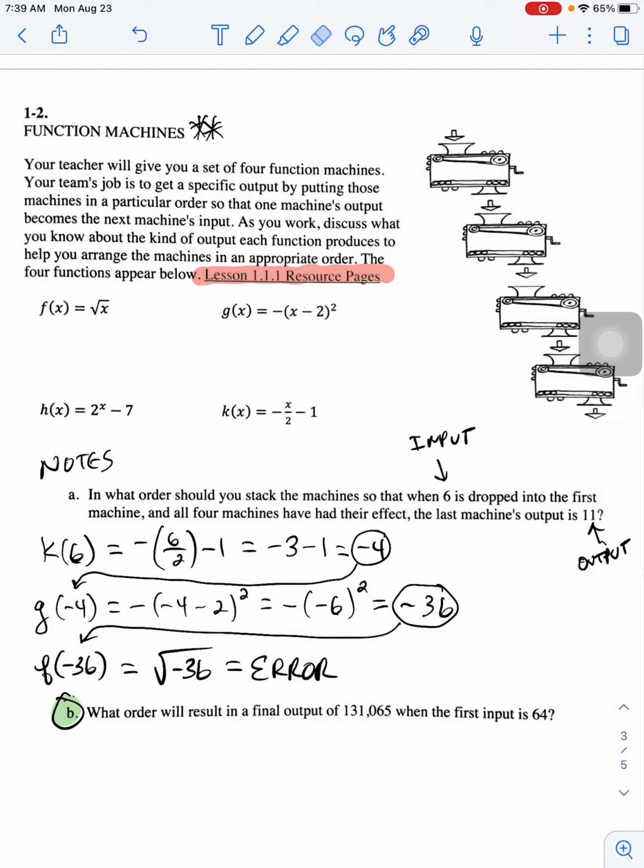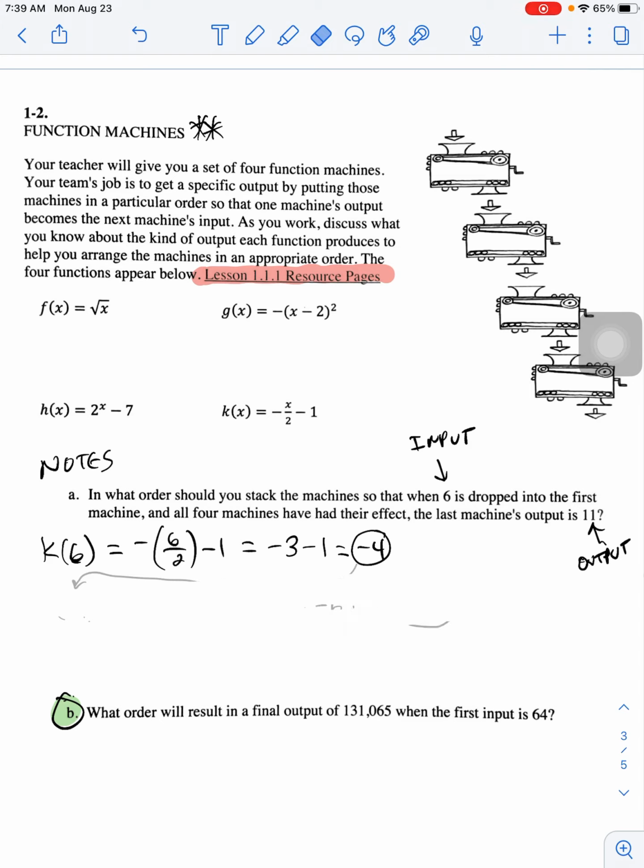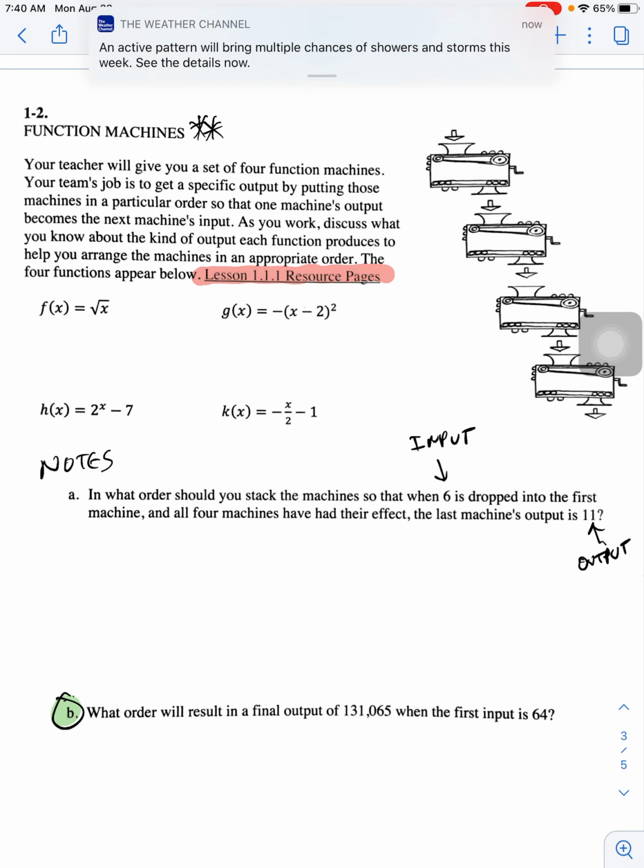Well, I ran into the wall, and that means I got to go back to the drawing board and try something else. So these problems are not meant for you to figure out in 5 seconds or less. You may have to try these more than once.